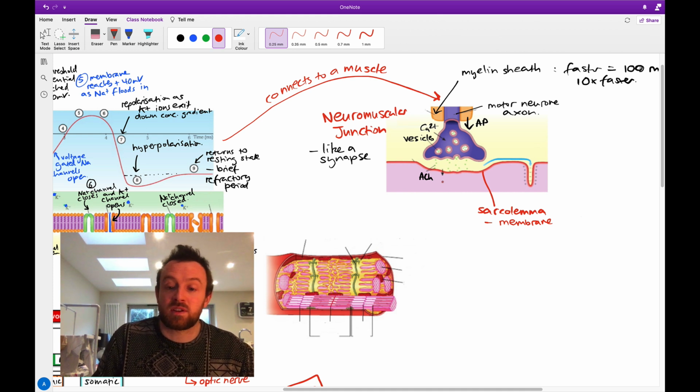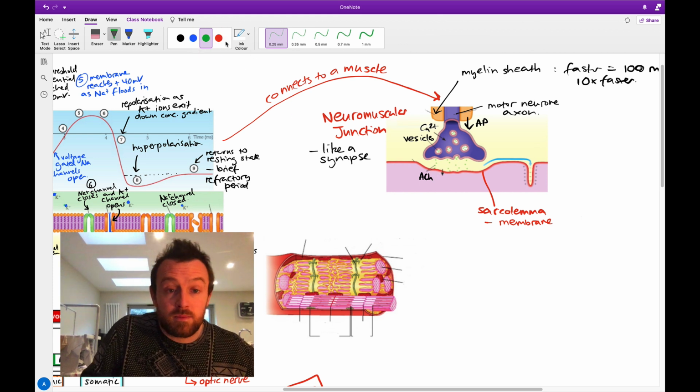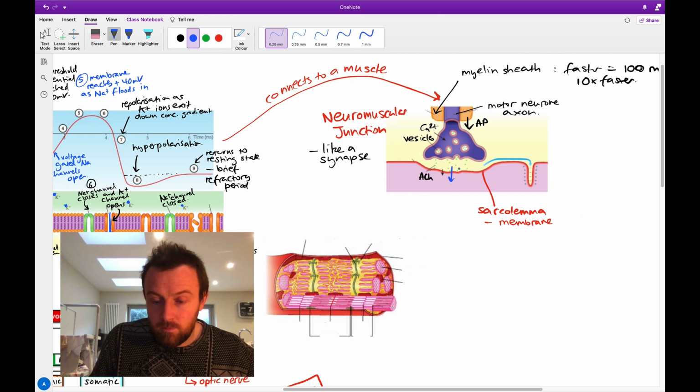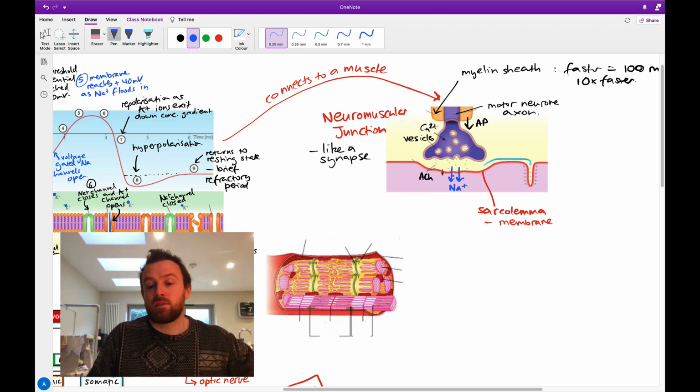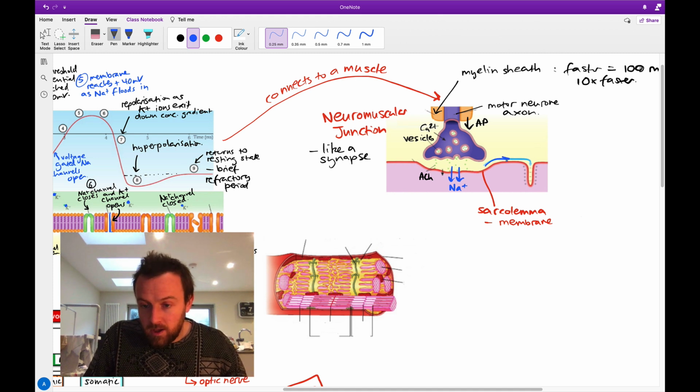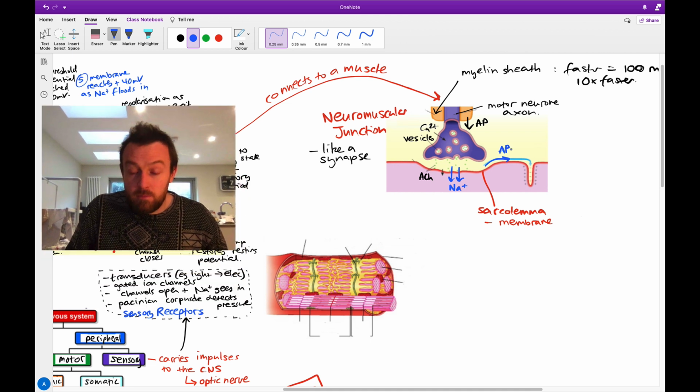We have receptors that the acetylcholine binds to, and then we have the movement in of sodium ions. So sodium ions move in, and then we have a wave of depolarization, an action potential. But in this case, the action potential spreads this way. It spreads along the muscle fiber.